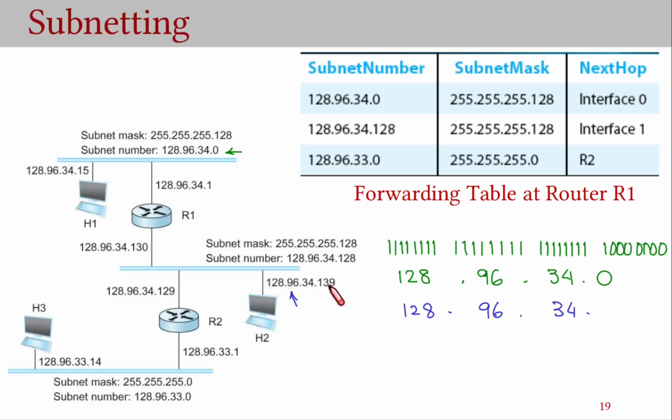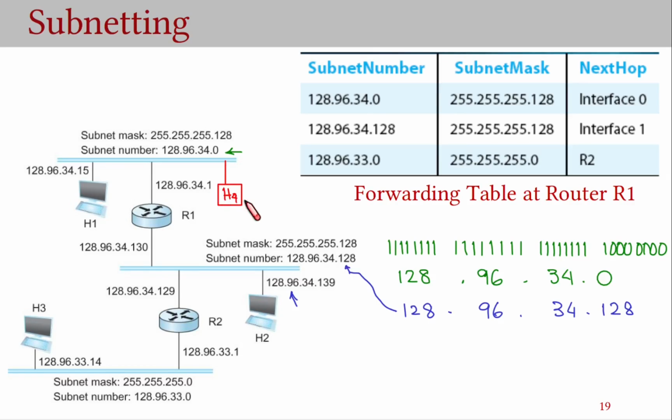In this case, this number is larger than 128, so this bit is going to be 1, right? And so we are going to get 1 followed by 7 zeros when we bitwise AND with 139. And so we are going to get 128, and that, no surprise, is the subnet number.